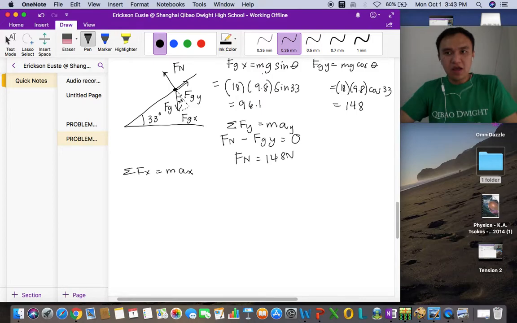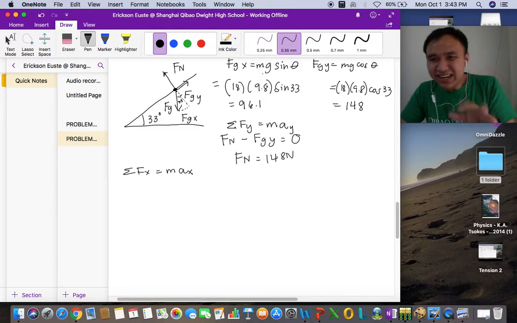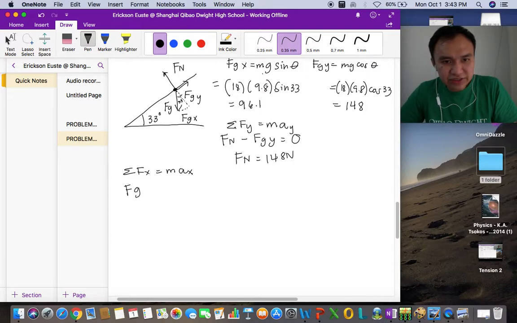Remember that there is a coefficient here, so we already know that there is a friction. It really is up to you whatever reference you're going to use, but I am going to use the reference for acceleration as the positive one. So with this, I can have FGX minus the friction is equal to max.